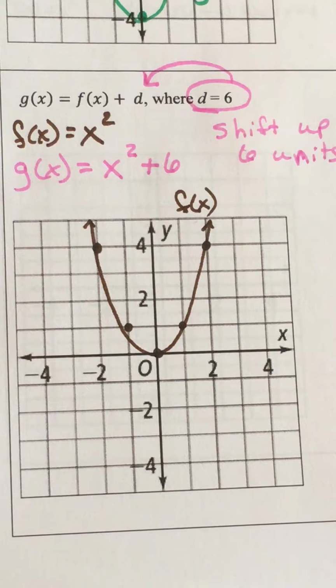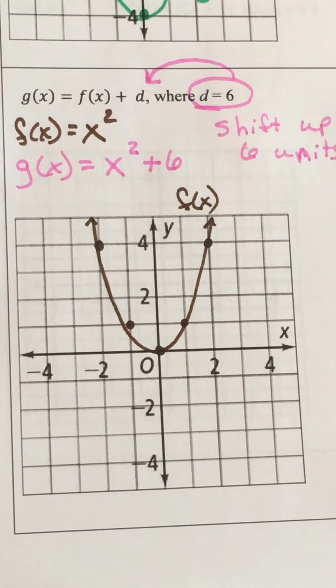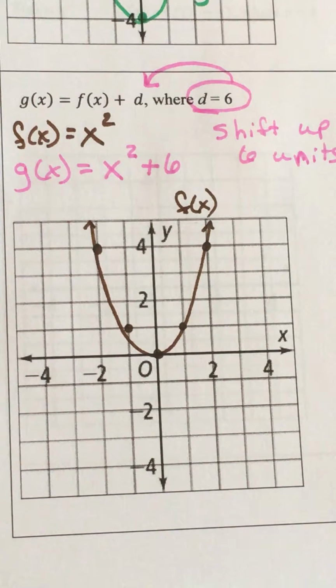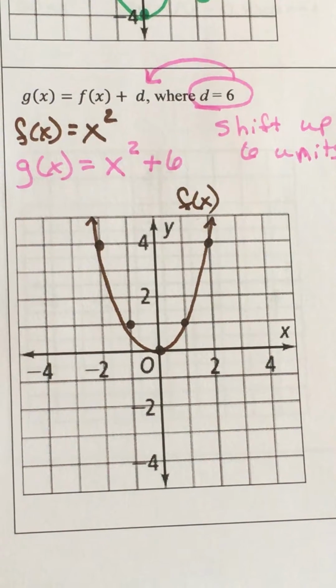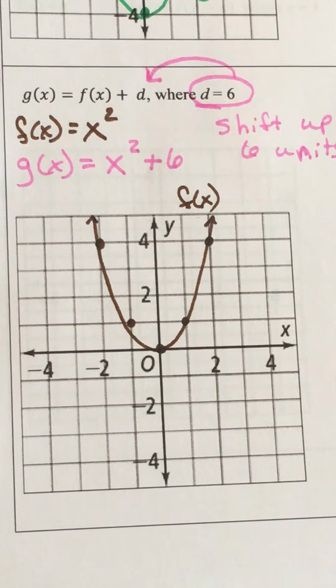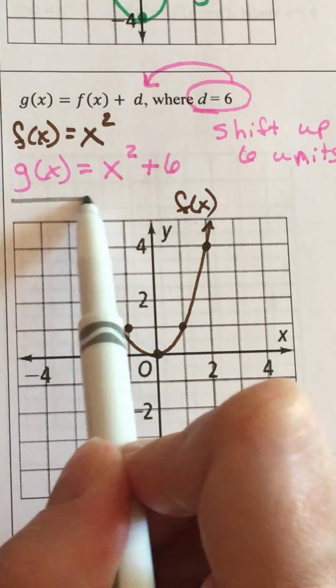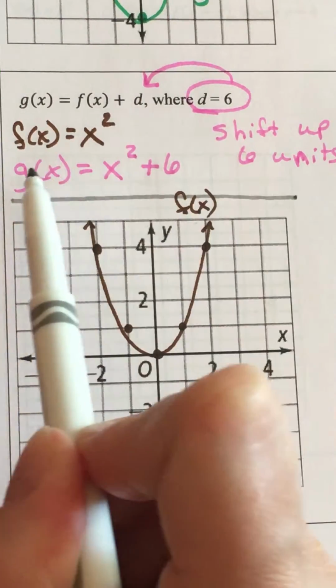All right, so this one we can do again by just counting up 6 units. And you might say, oh no, I'm going to run out of graph really quickly. Yeah, that happens, it's okay. So you can extend your graph.